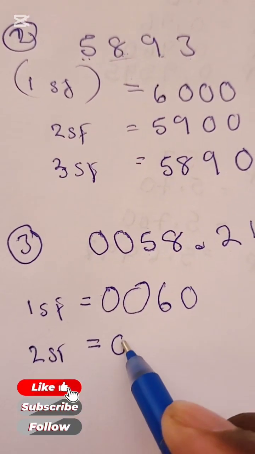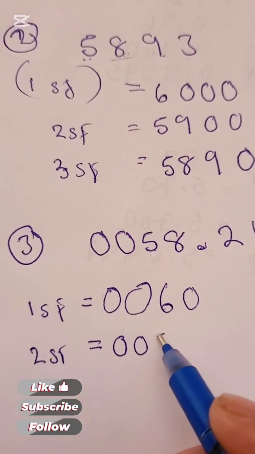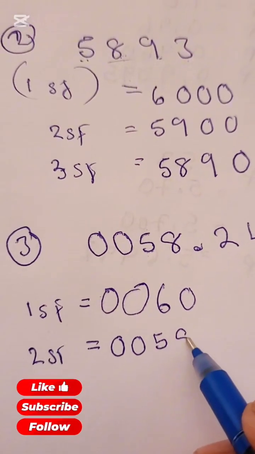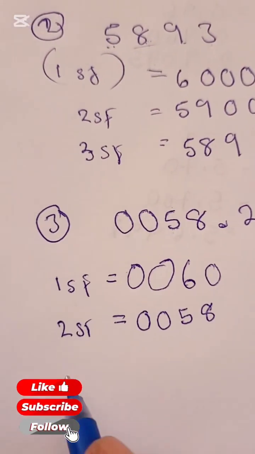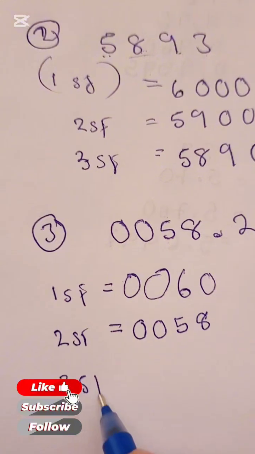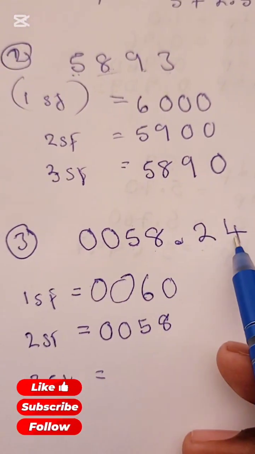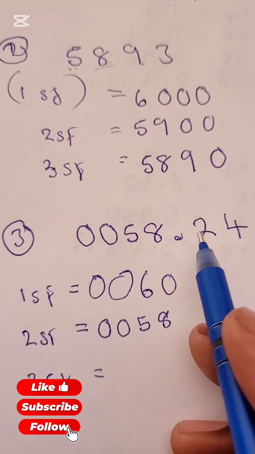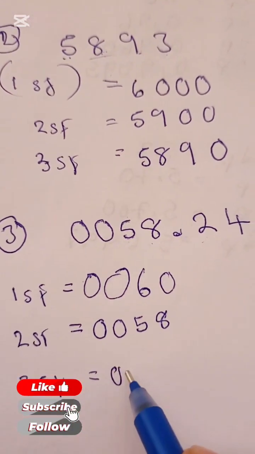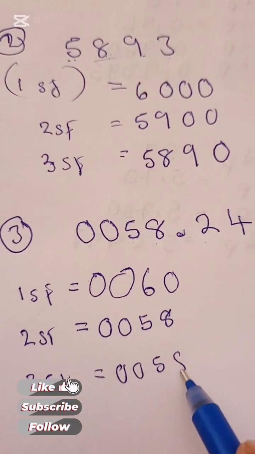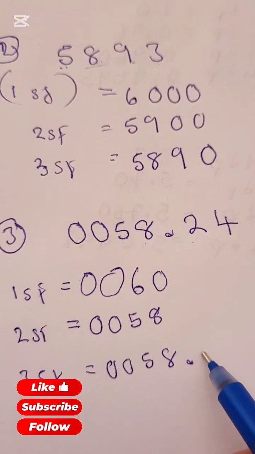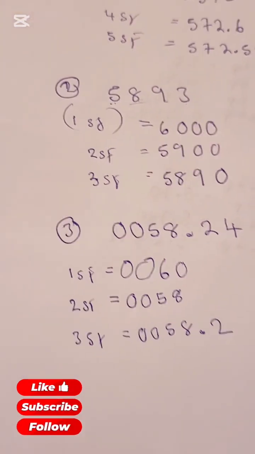So our answer will be 0058. Then 3 significant figures: 1, 2, 3. Then you look at 4. 4 is below 5, so we cannot add anything here. So the answer will be 0058.2.